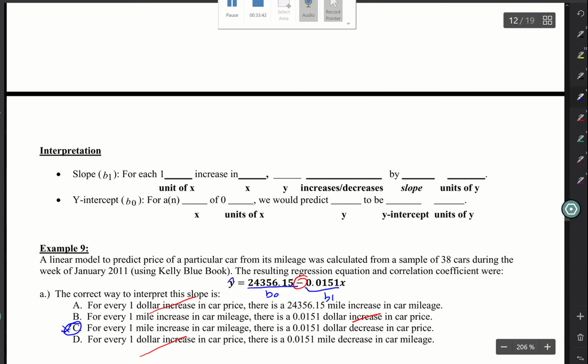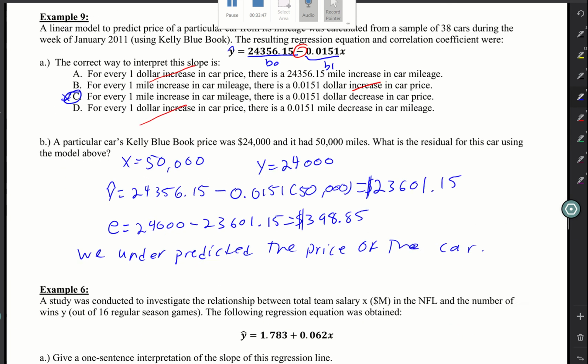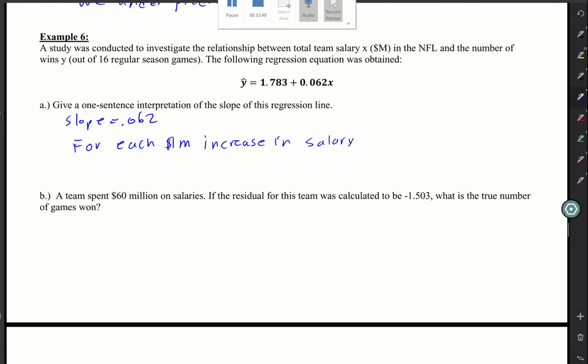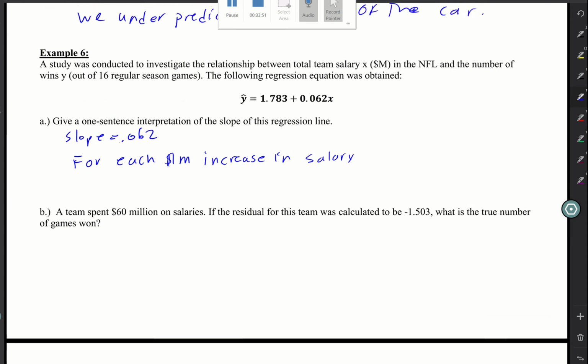Now we can go back and say our Y is going to be increased. And Y is talking about the wins.